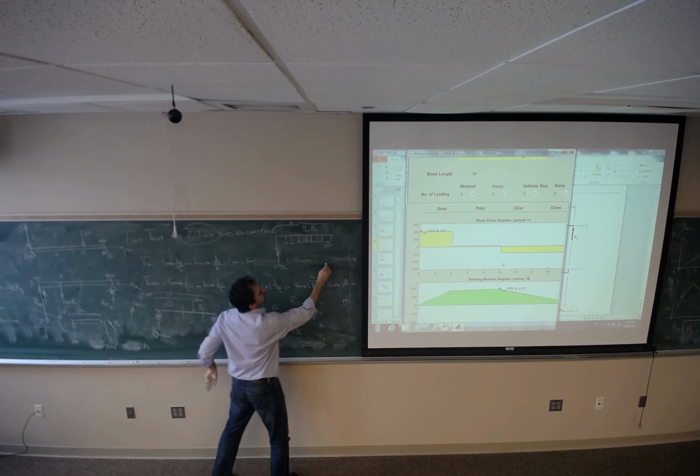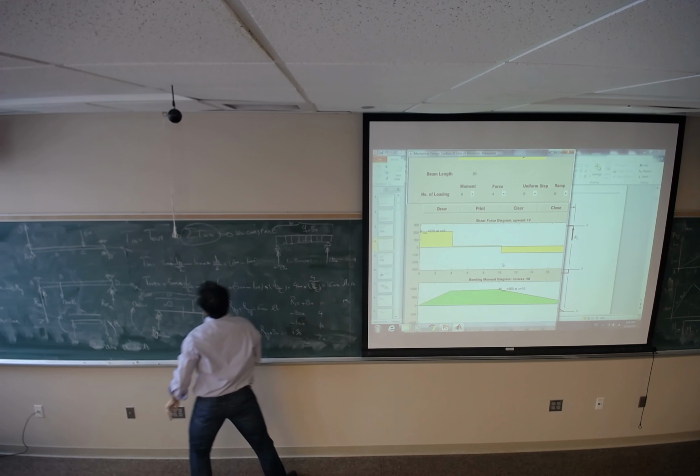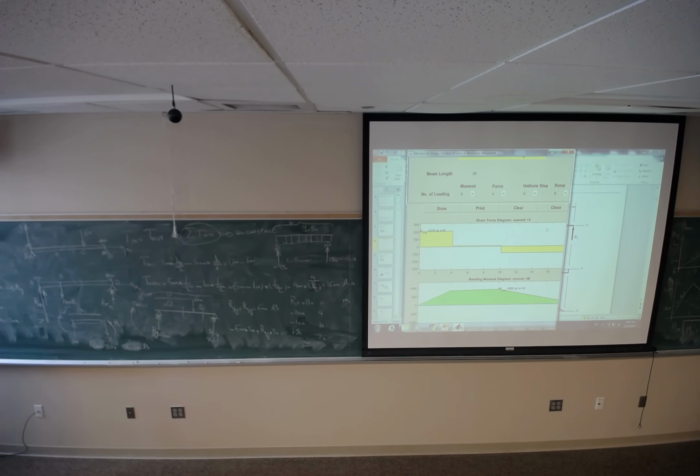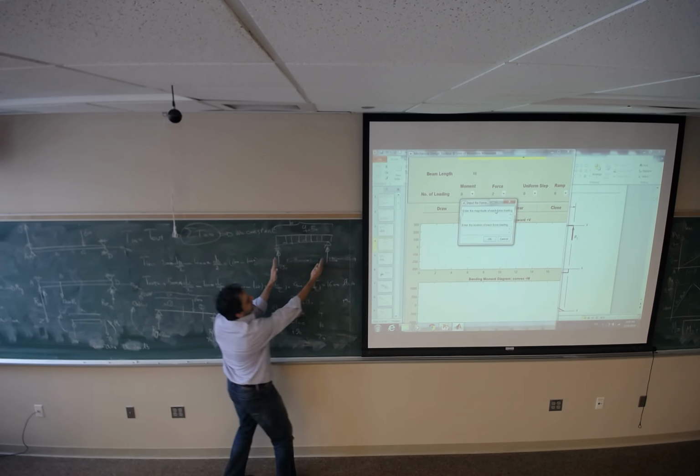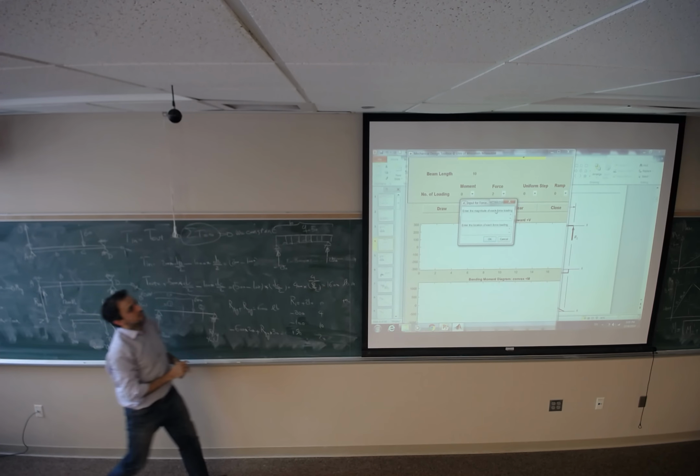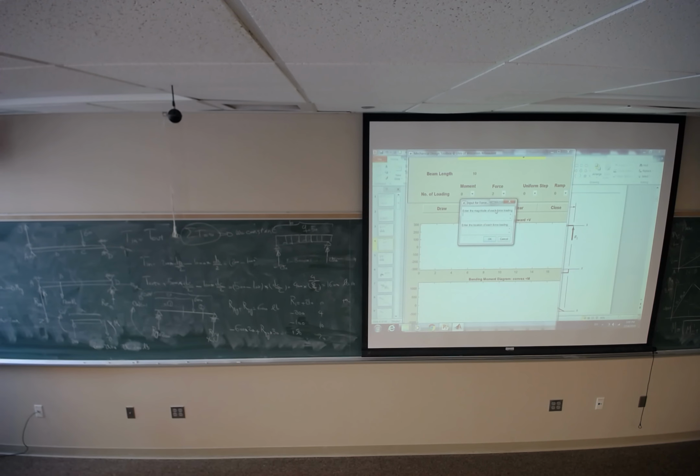So we have two reactions here. The beam length is going to be 10. We don't have any external moment, but we have two forces, with the magnitude of positive 250 and another positive 250, and the locations would be 0 and 10.